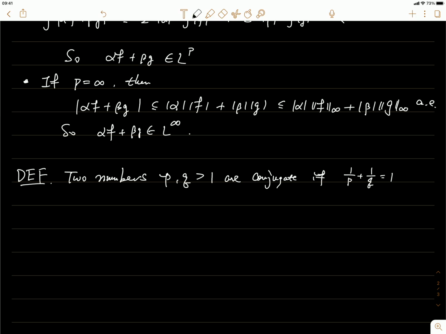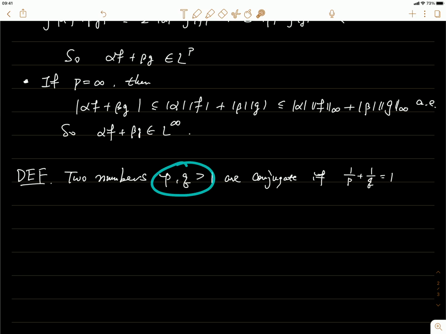Okay, so this is a beautiful relation between the two numbers. So for example, if p is equal to 2, then q is also equal to 2. This is the most symmetrical case, but p could be some other number as well.